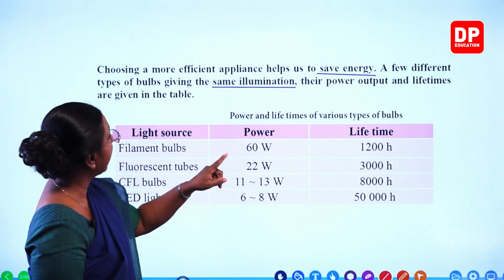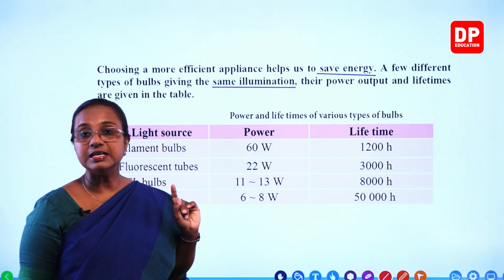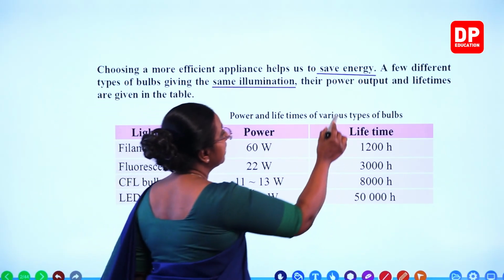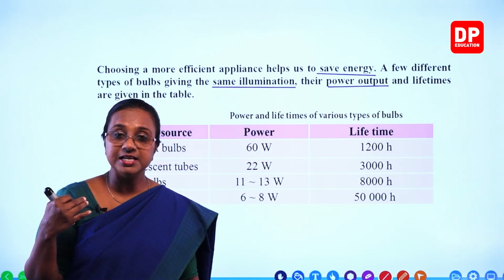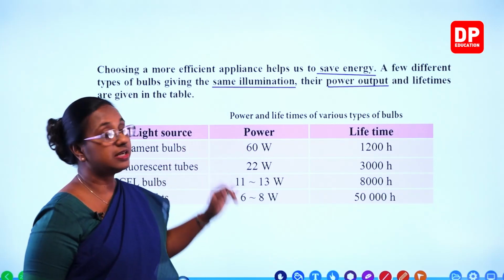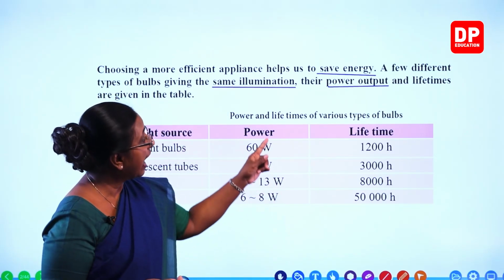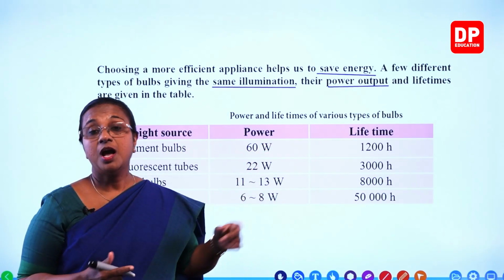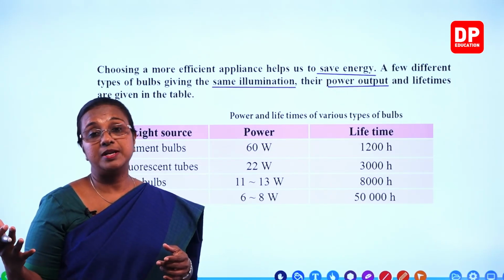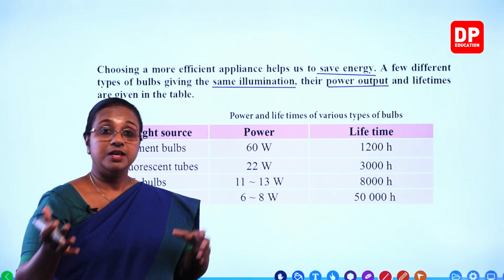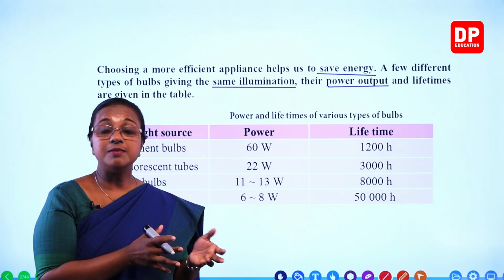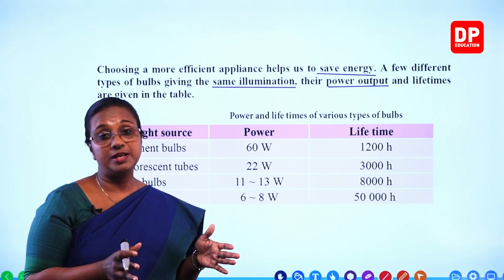Their output and lifetimes are given in the table. So when we say power output, the amount of electricity they consume to give out that particular illumination, and also the lifetime, how long you can use that particular bulb. That's also very important. If you can use it only for a short period of time, it cannot be an efficient bulb.